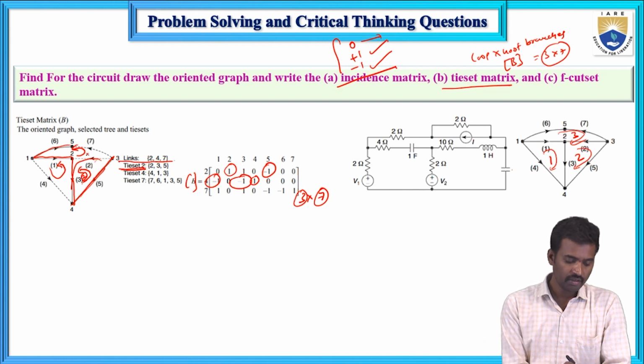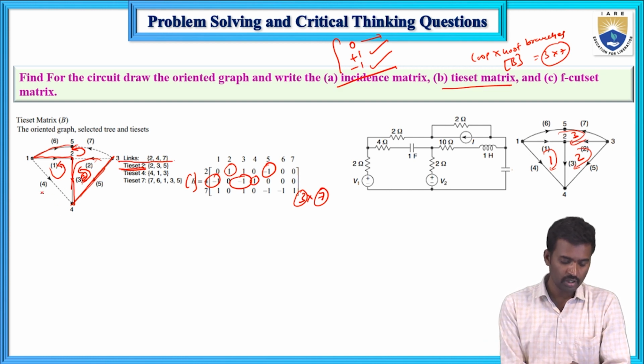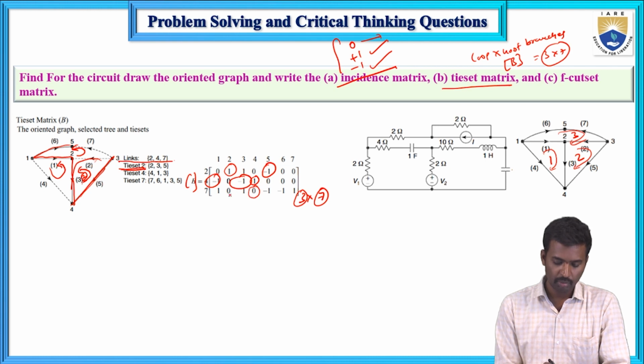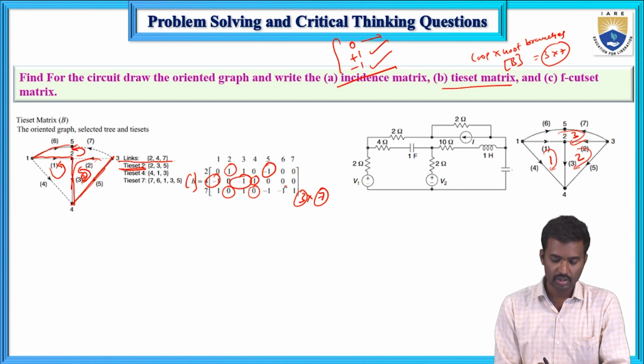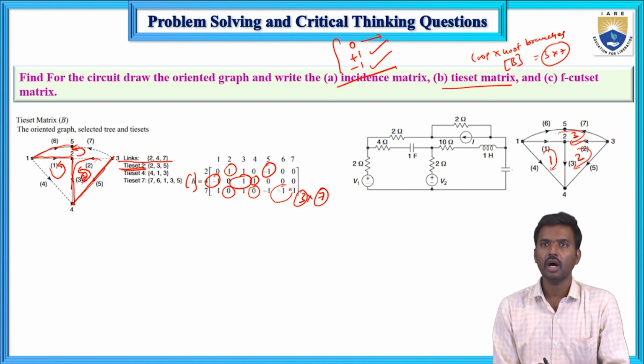And next, the seventh link: the not associated elements are 4 and 2. So now here, this direction, 6th is -1, opposite direction.